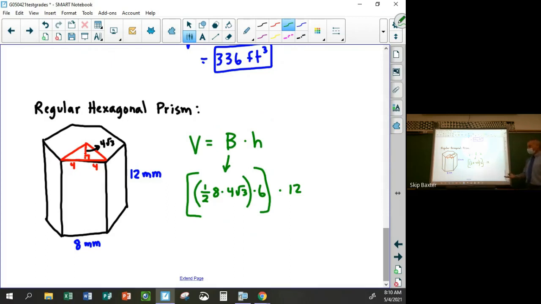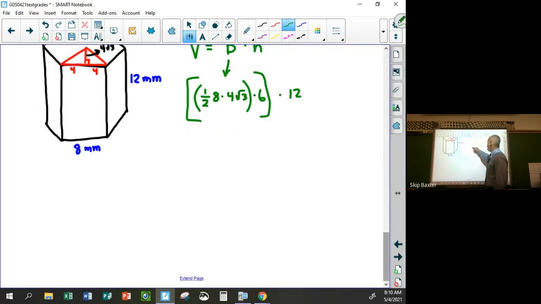So this question, they would probably say, leave your answer in simplest radical form, because that's easy to do. I'm just going to multiply all the numbers that are outside the radical together. So if you think about all the numbers that are outside the radical here, we got 1/2 of 8, which is 4, times 4, times 6, times 12, right?